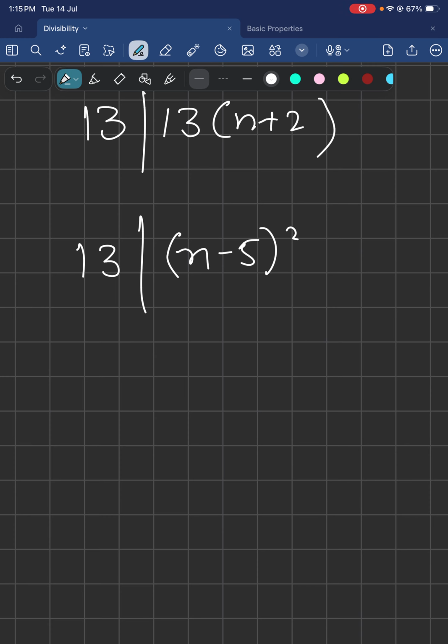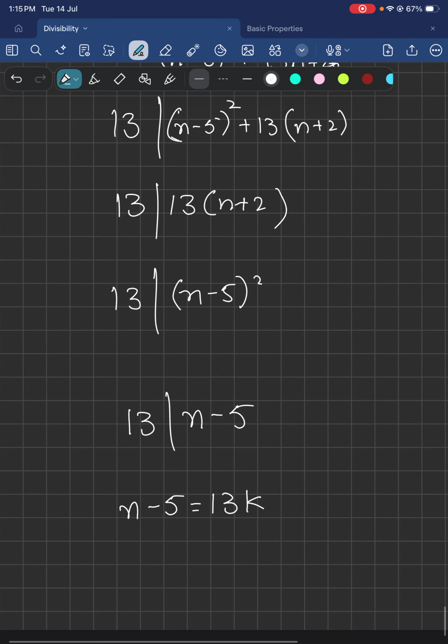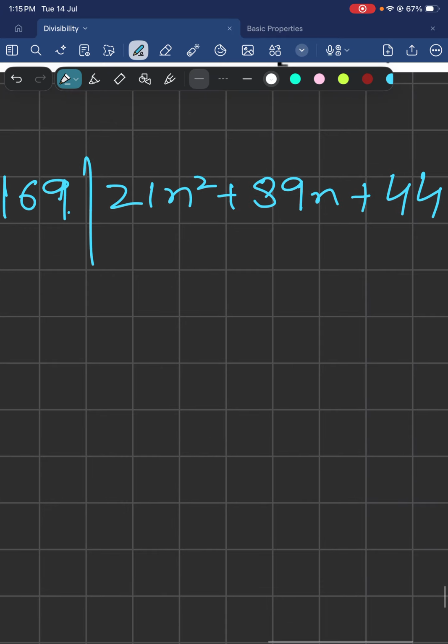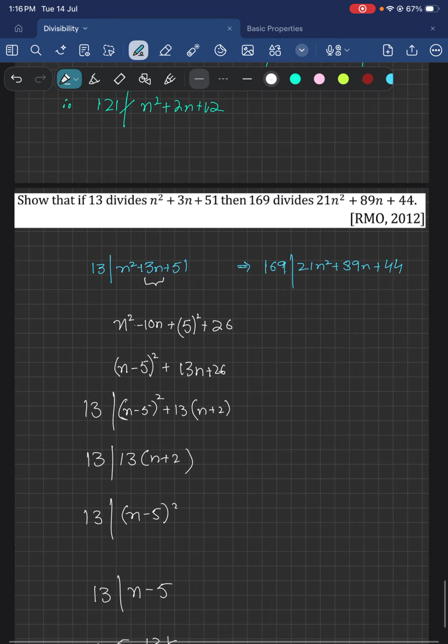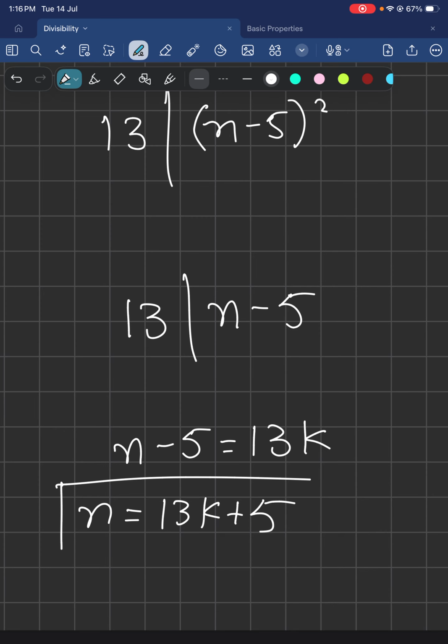And as we know, if a number divides its square, then it should divide its square root as well. So 13 should divide n minus 5. Therefore, n minus 5 would be a multiple of 13, say 13k. Now in this equation we have got n, so we can find the value of n from here, and we will get 13k plus 5, right?